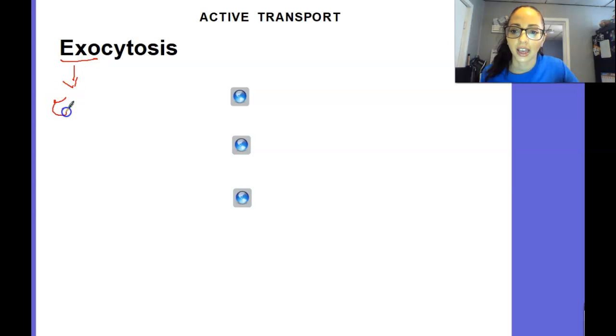Now we're going to break down the second process, exocytosis. Exo means exit, cyto, cell, so that means these particles are going to exit the cell. Usually they are waste or harmful things that the cell doesn't want and is going to get rid of. Okay, and again, it's going from low concentration to high concentration. That's why it's active.